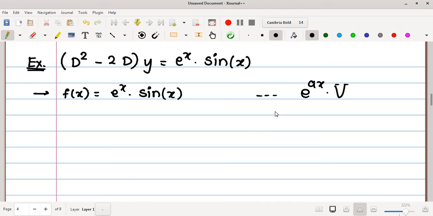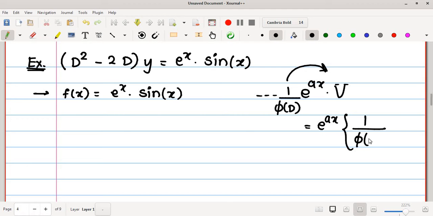If we recall, the shortcut method formula for e raised to ax into V is: we take the exponential function first and operate the auxiliary equation, after replacing D by D plus a, on the second function V. So if we consider the value of a here equal to 1, then we replace D by D plus 1.